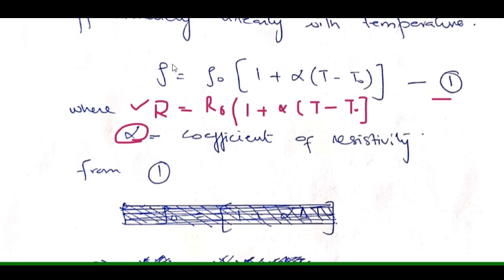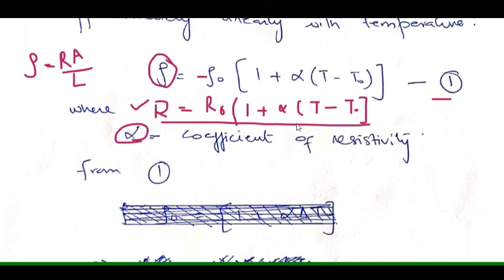This equation came from rho, because we know that rho is equal to R A over L. So if I replace rho on both sides, on the left I have R A over L, and on the right hand side I have R naught A over L. A over L will cancel from both sides, and finally I'll get this equation, and this is how I can find the effect of temperature on resistance.